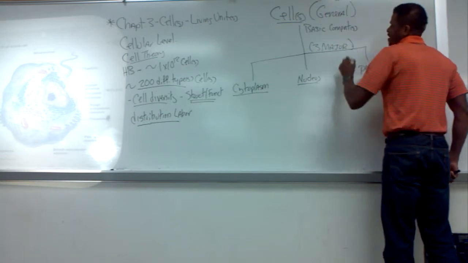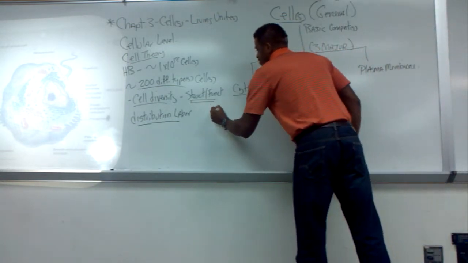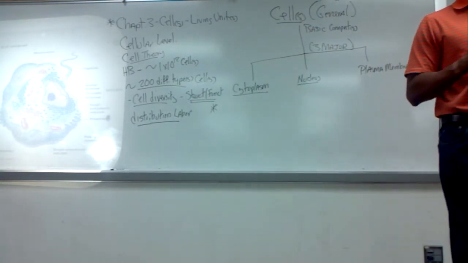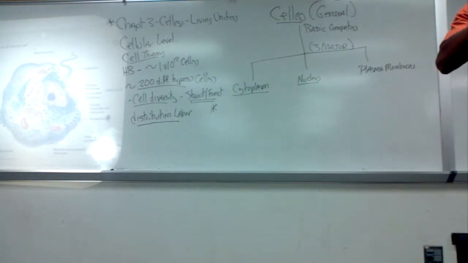And as we take a look at the cytoplasm, how can we describe the cytoplasm of a cell? It's just going to be what? All that material that surrounds the nucleus and is enclosed by the plasma membrane.